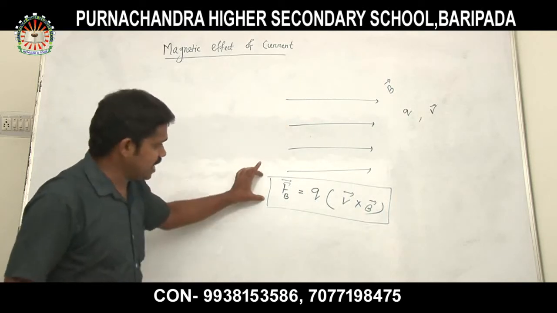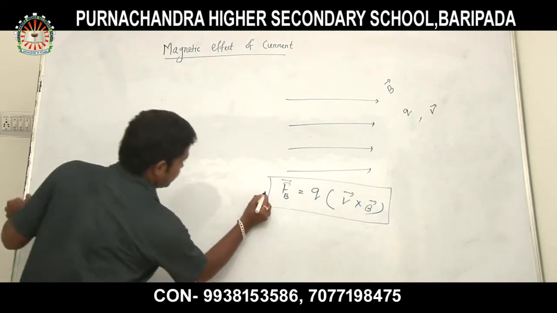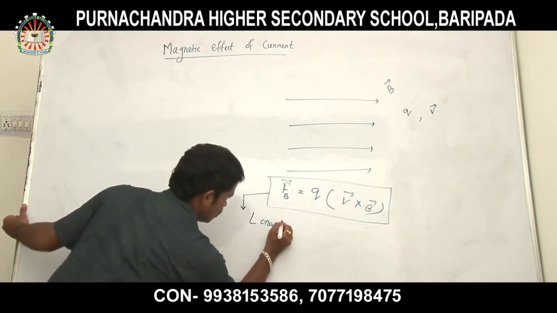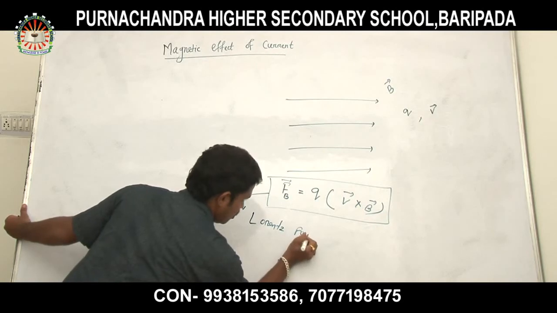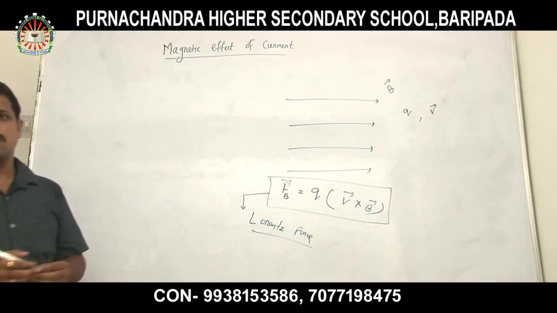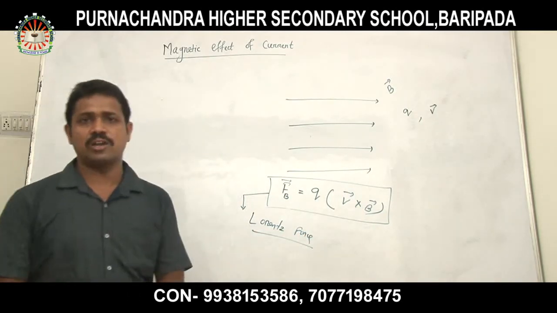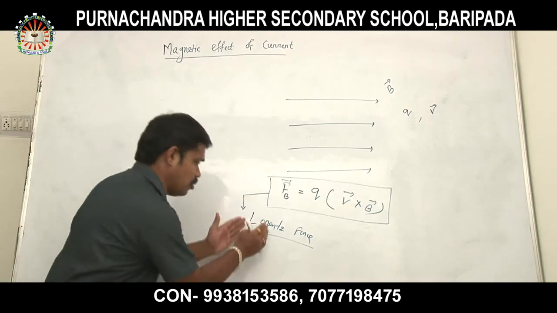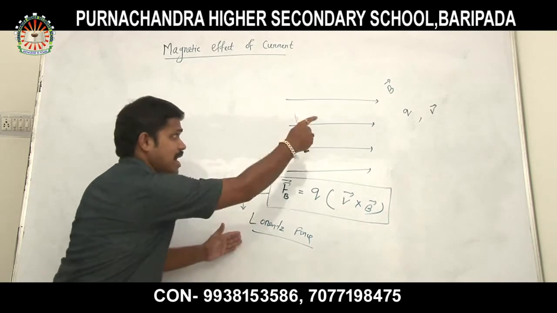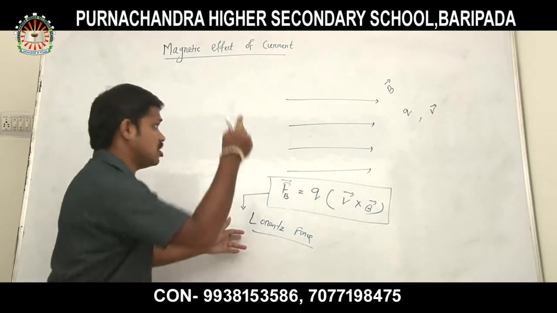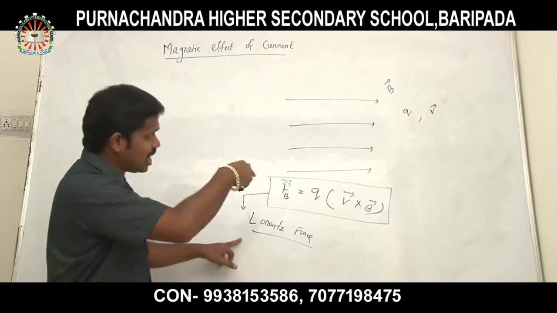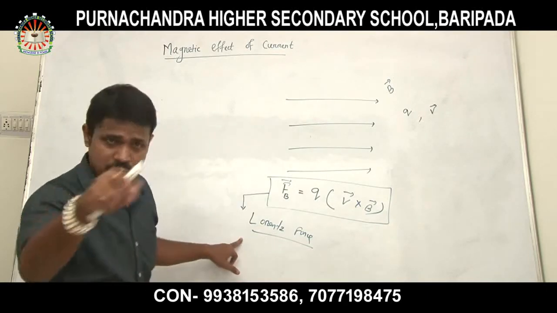Clear? And that type of force has a very specific name, important: that is called the Lorentz force. Remember? That is the Lorentz force in a magnetic field. Understood all of you? Again I will repeat, that is the amount of force applied on the charge when the charge is placed in a magnetic field and is moving with a velocity V.